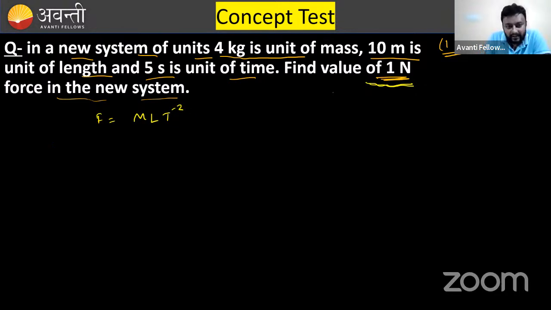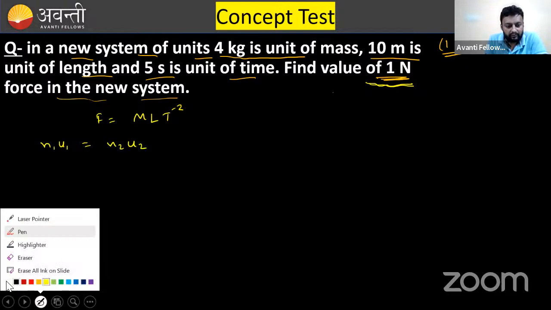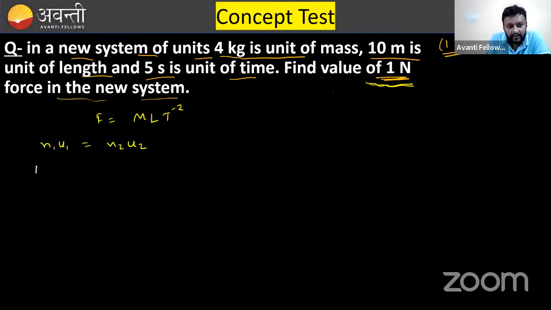Now, after that, just apply N1 U1 is equal to N2 U2. Very good. Now they want us to convert 1 Newton. N1 is 1. U1 is, you can write it here, kg. M is for kg, L is for length, that is meter, divided by second square is equal to N2 times.